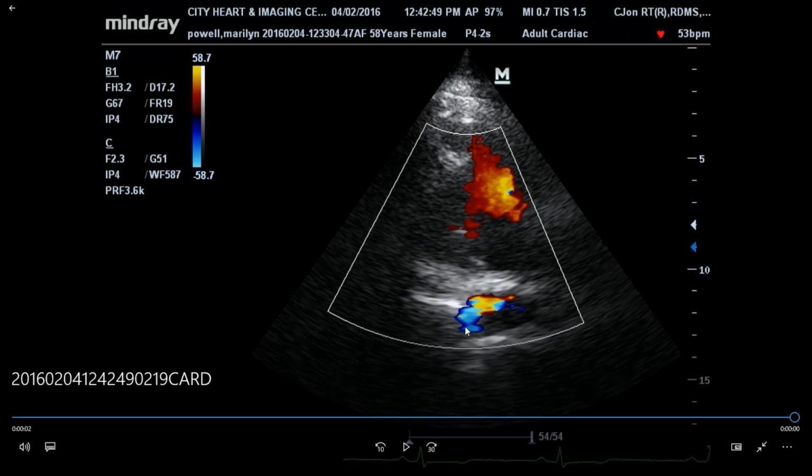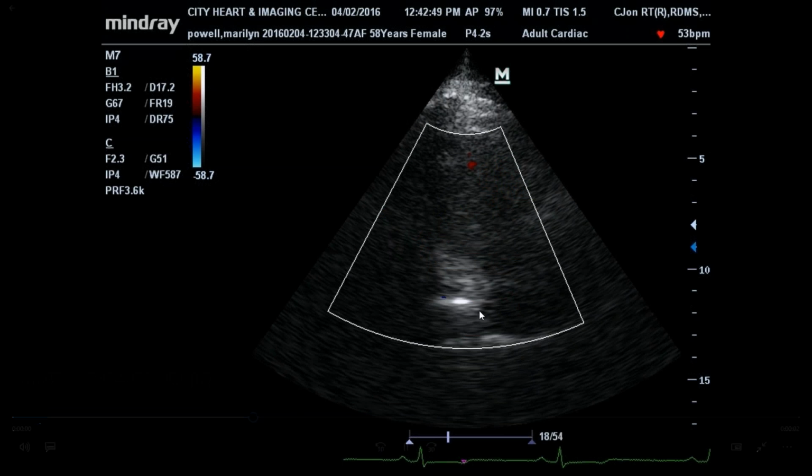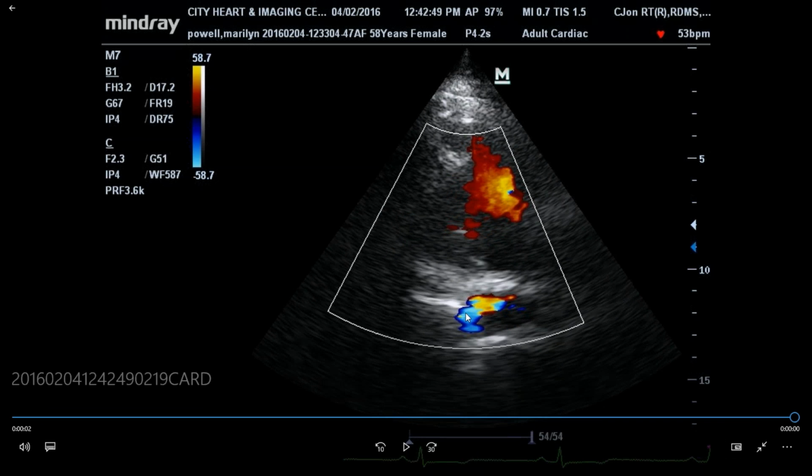Those of you who see something right here, let's look at it. There's something right down here. Remember, you have the right atrium here and your inferior vena cava. Blood is flowing from the inferior vena cava into the right atrium.